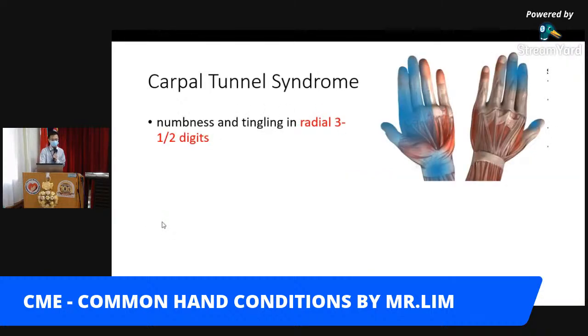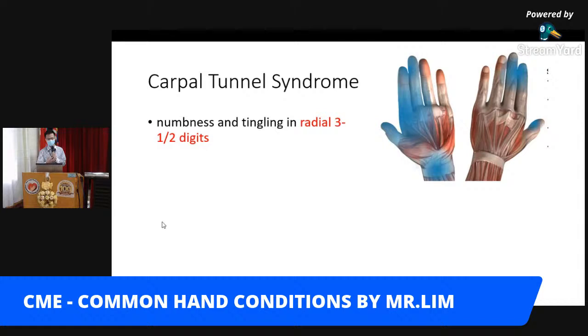They come with numbness and tingling sensation, getting more and more severe. In this very specific area, not in the little finger, they will present with radial, meaning the lateral side, 3.5 digits.